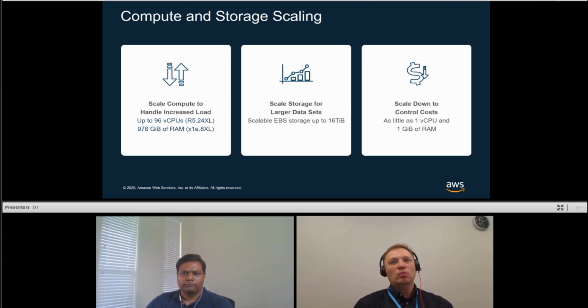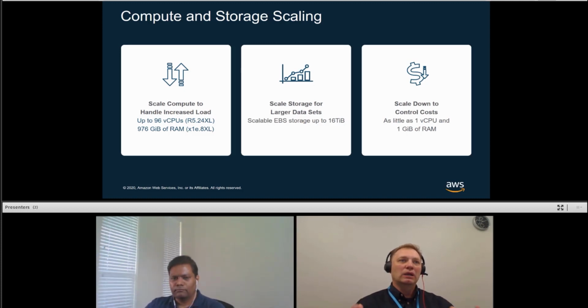Now, contrast that with a traditional on-prem setting, and we've all been in those shoes, right? We've outgrown the physical capacity of our box. We need to provision a new box. We wait a few weeks. Then we can install our operating system. Then we can install the database engine and start configuring our application.